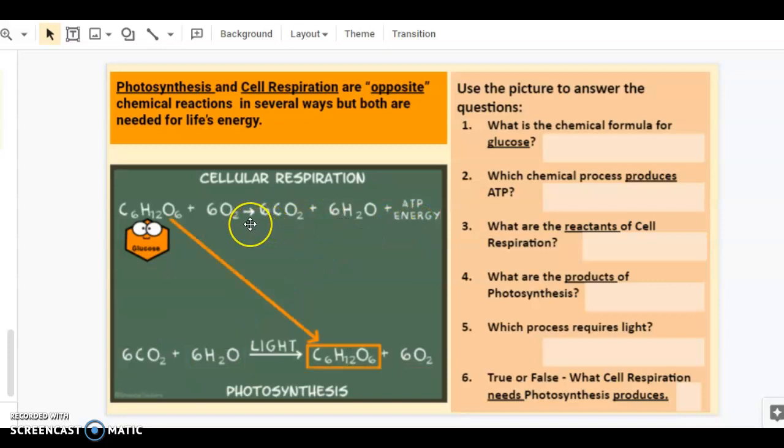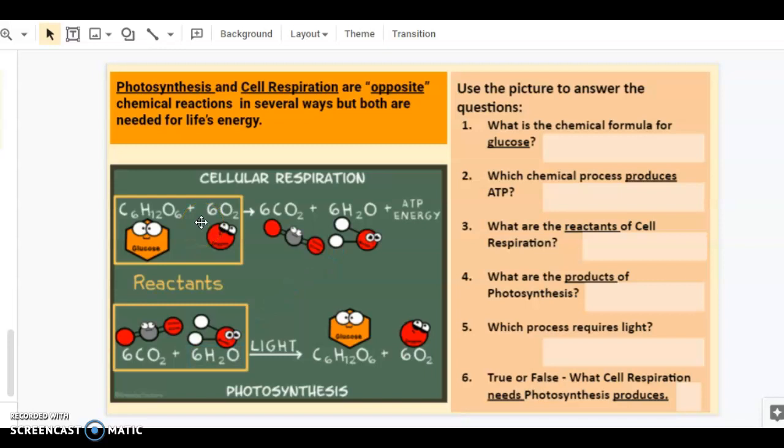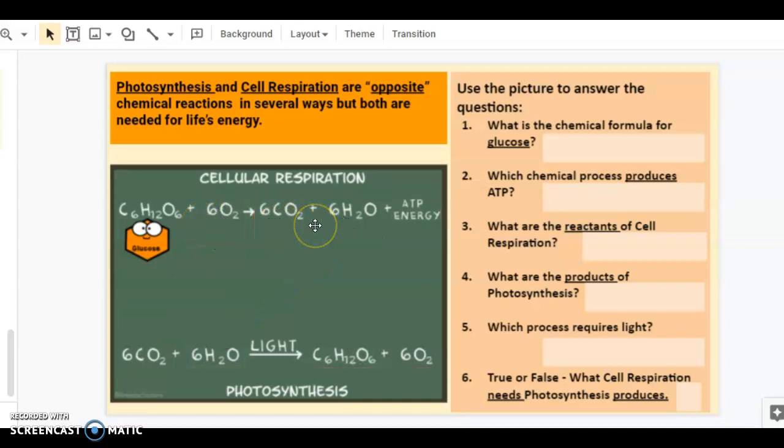The arrow is where the work is happening. It's where bonds are broken and reformed. Everything before the arrow is a reactant. These are the things that are going to react with each other. Everything after the arrow is known as the product. These are the things that are going to be produced.